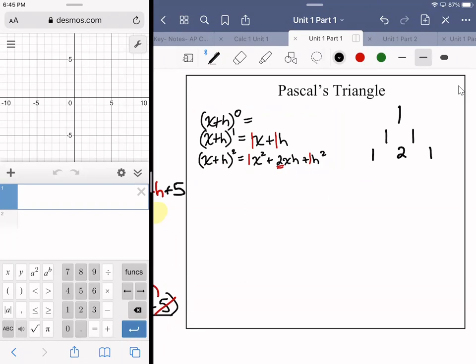First off, the first and last values are always equal to 1. So if I wanted to create the next row of Pascal's triangle, I know it would have to start off and end with a 1, just to follow that trend.